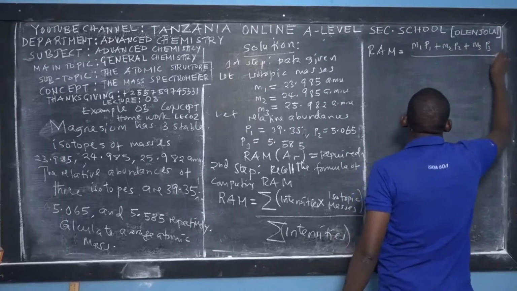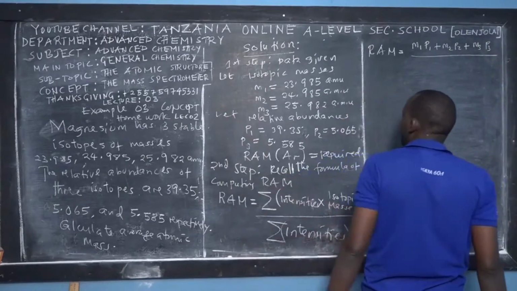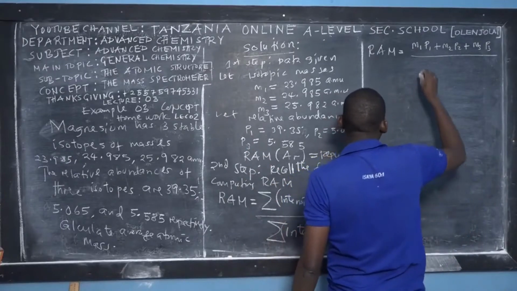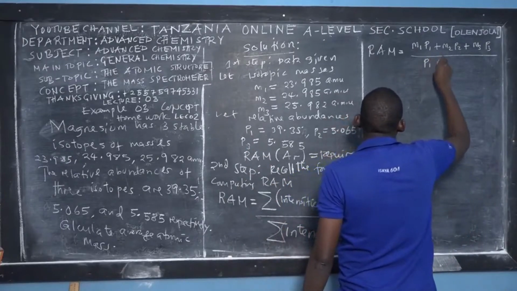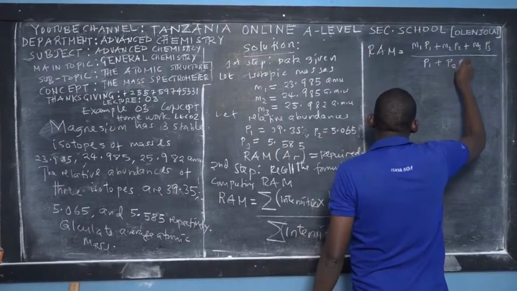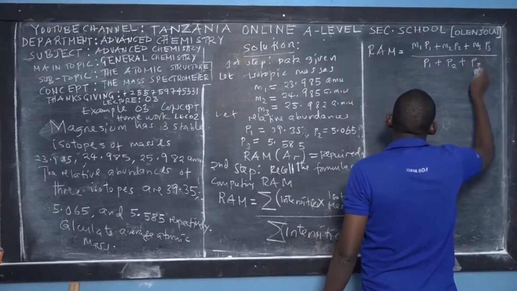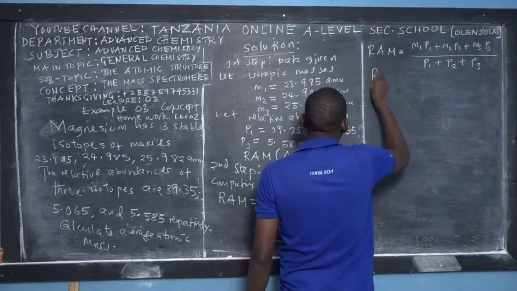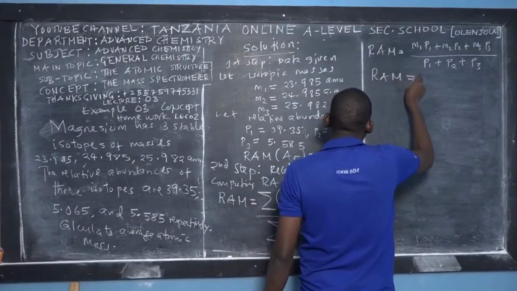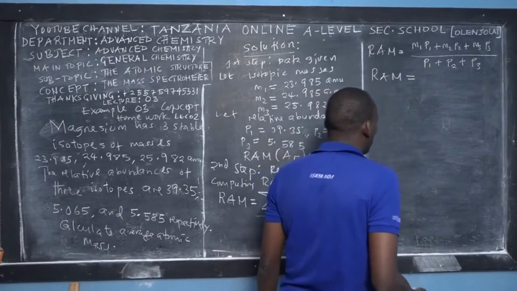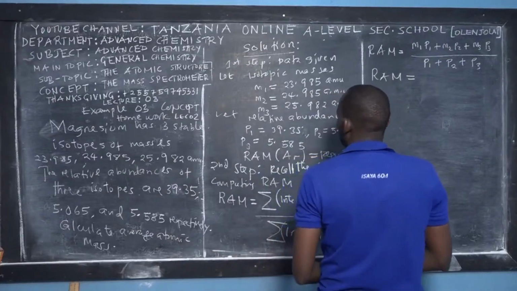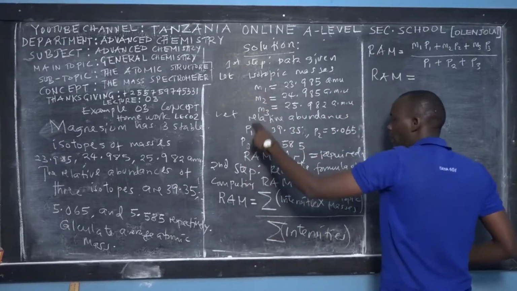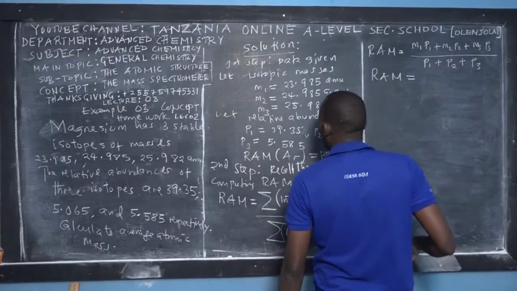Don't be confused about the intensity, because you have already defined the relative abundance as what was given. Here we take intensity 1 plus intensity 2 plus intensity 3. The relative atomic mass you have been asked for is also called average atomic mass.